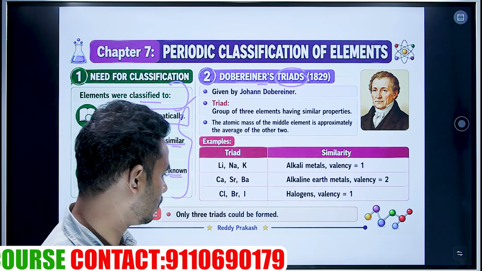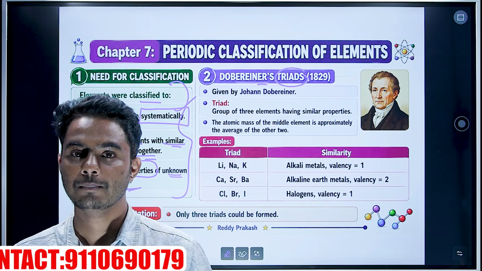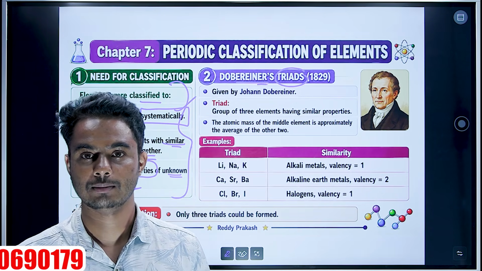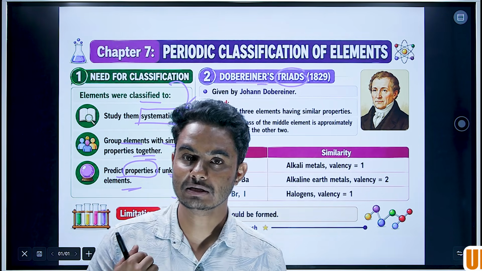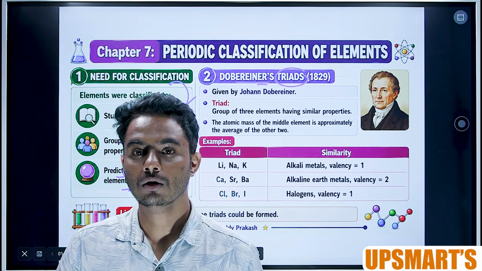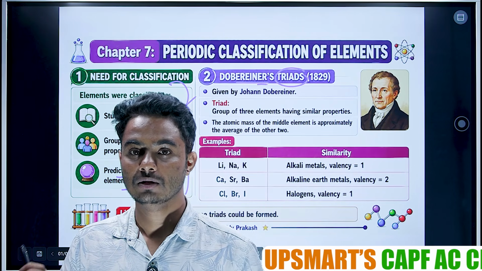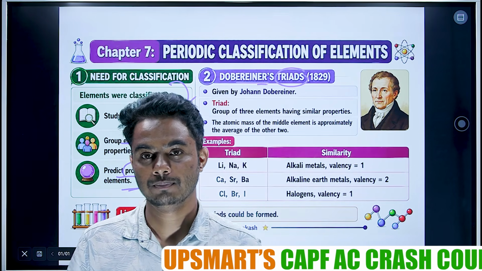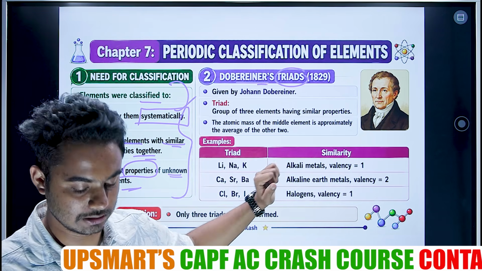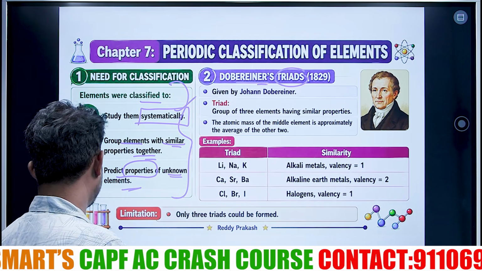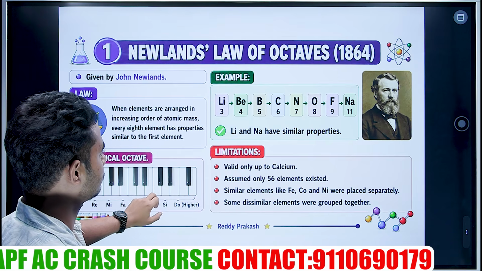Before discussing all this, I'll give you a brief introduction to the periodic table, so that people who don't remember it will get to know how it is arranged and get a picture of it. After that we can discuss all these things. Okay, so let me take you to the periodic table.